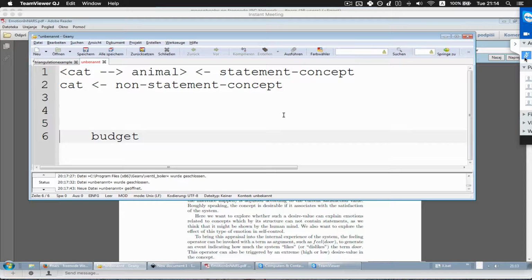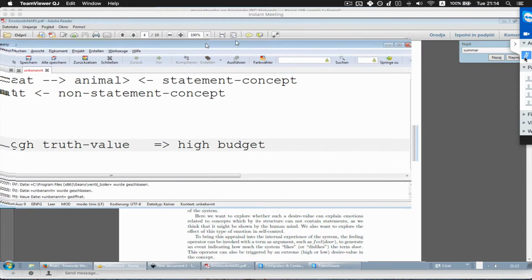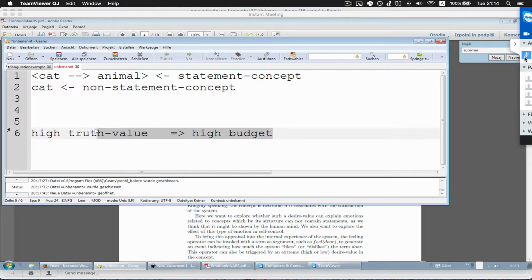It's more that the budget includes multiple factors like truth value. Let's write it this way. Let's write something which is approximately true.